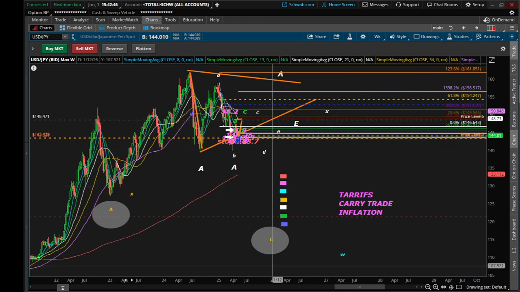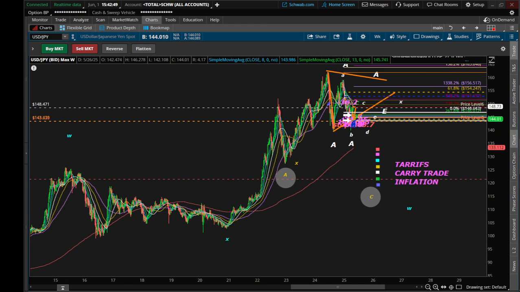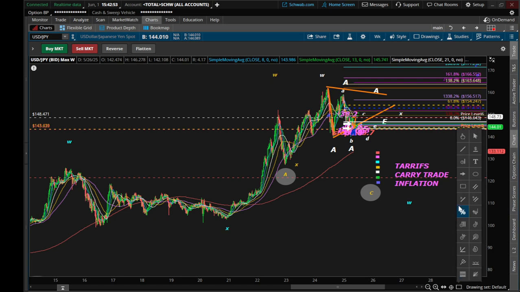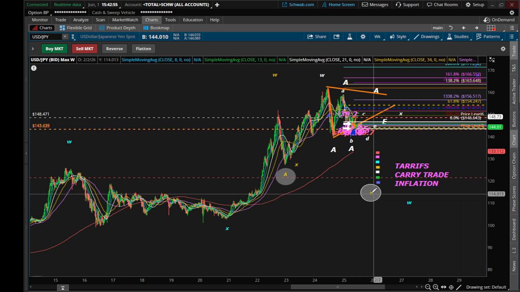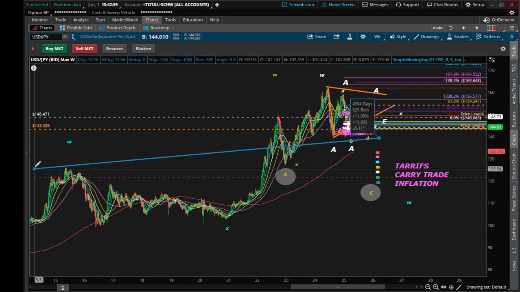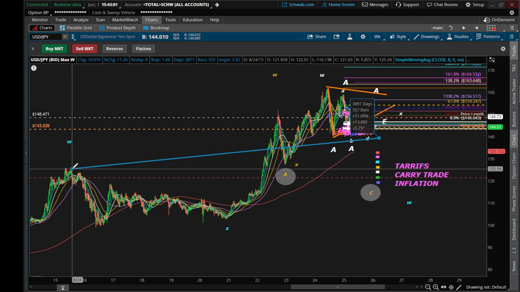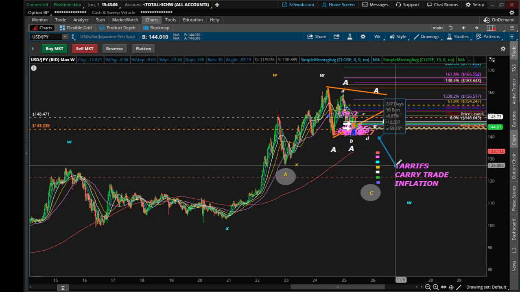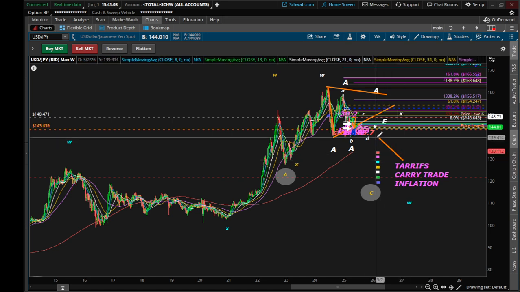Okay, that might help. And one other thing is that this intermediate W, maybe the alternate count, if it's correct, this C down here, then really we're trying to retest this level here at 125. Okay, so keep that in mind.